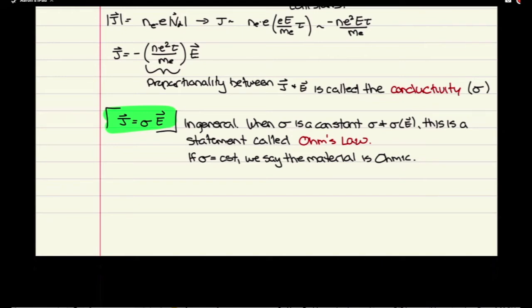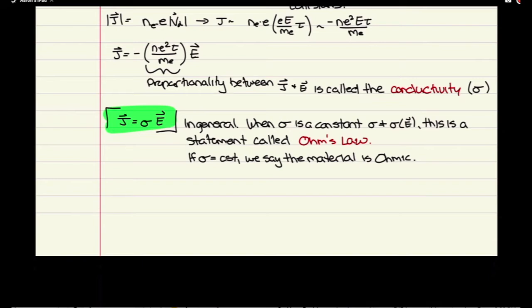Usually all conductors have some dependence on temperature, so that the conductivity changes when things get really hot or really cold. A light bulb, for example, is an example of something that is not ohmic. We could always say that J is proportional to E in this way, but the conductivity would also be a function of temperature in that case.